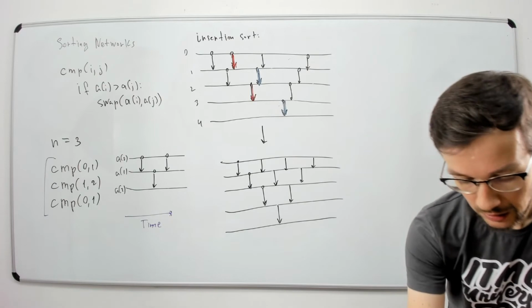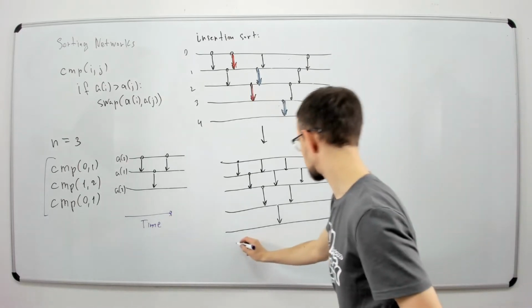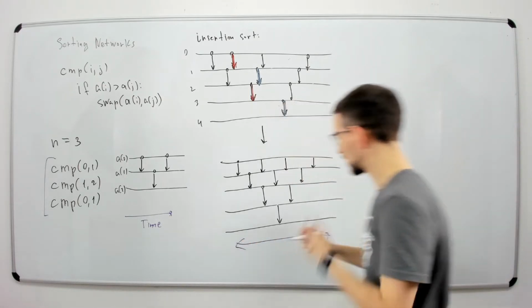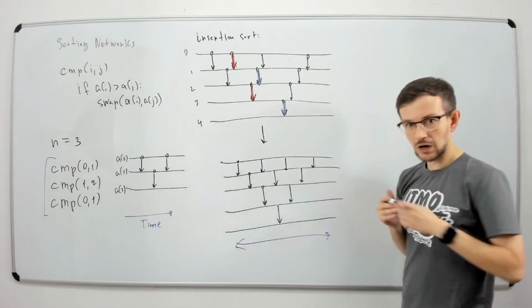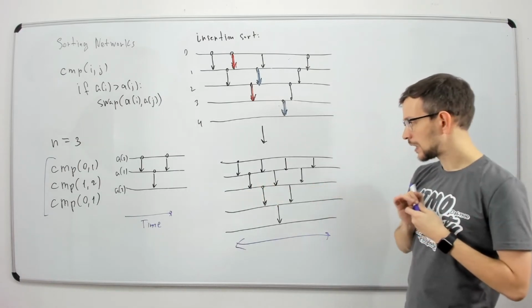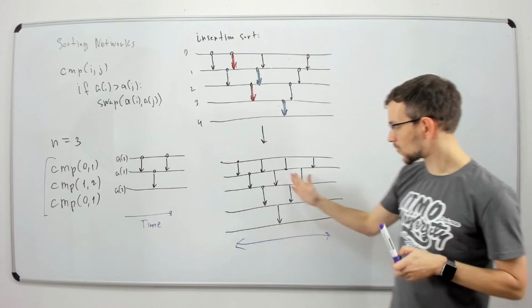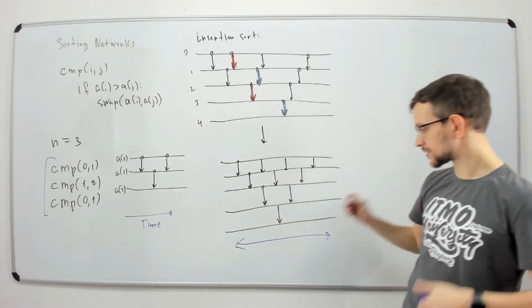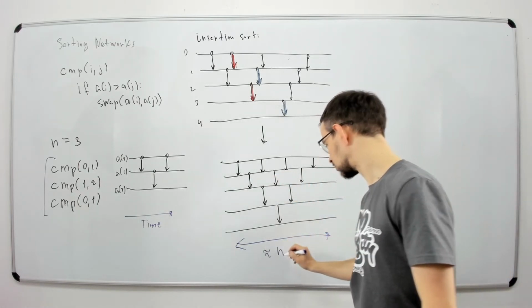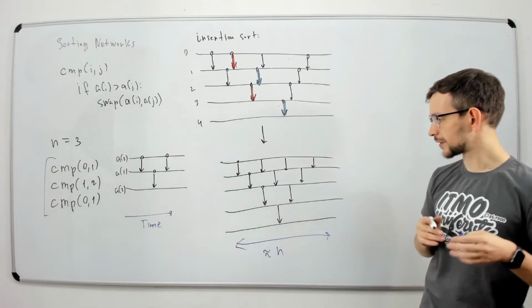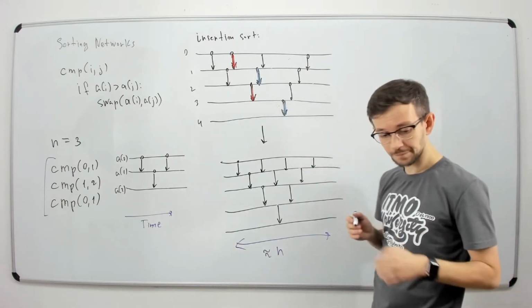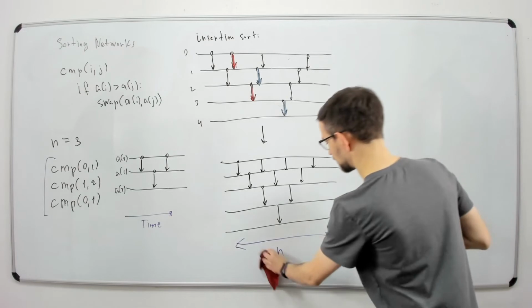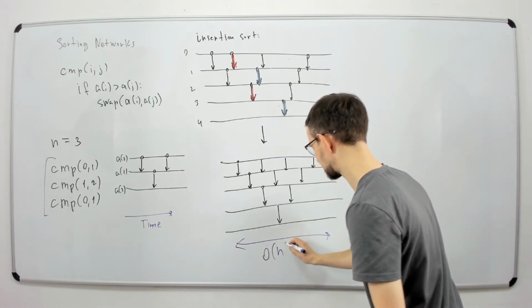Okay, let's see what is the depth of this network. Let's calculate the number of concurrent calls in this situation. The number of concurrent calls we need to make is about n, like 2n, something like that. Let's say big O of n.